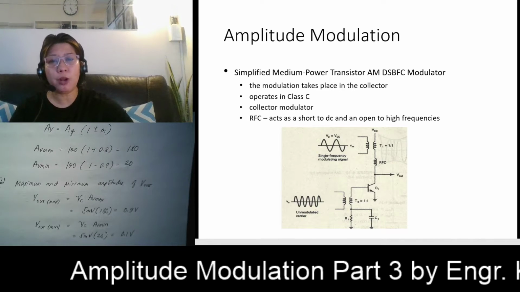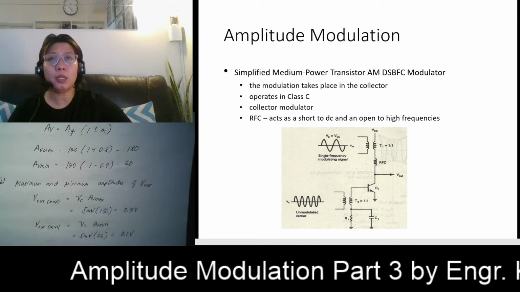So we have here a new parameter, which is your RFC. Your RFC stands for radio frequency choke. So what is the function of the radio frequency choke? This isolates the DC. What is our DC component here? Our DC component here is your VCC.